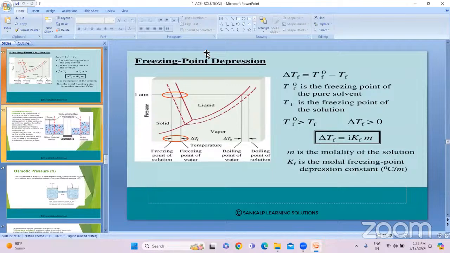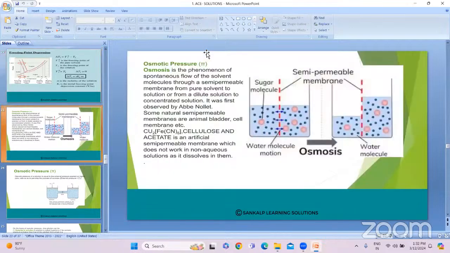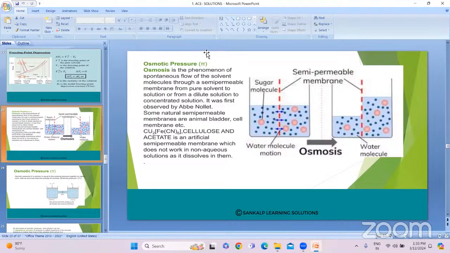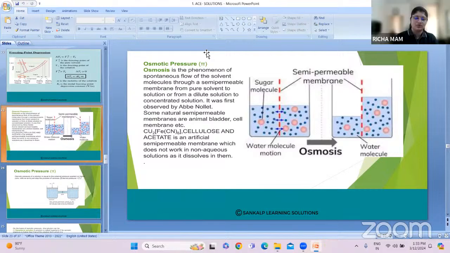The phenomenon in which there is flow of the solvent molecules from dilute solution to concentrated solution through a semi-permeable membrane. Yes, so that is your osmosis.